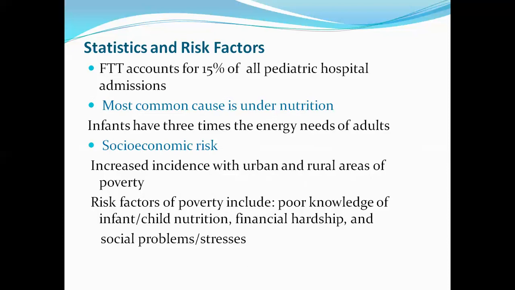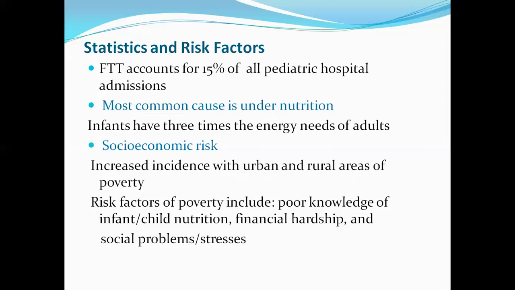Then socioeconomic risk. Babies are basically dependent on the parents and the caregiver for their nutrition. So the incidence of undernutrition is more in urban and rural areas with poverty. When food is scarce in the family, the youngest of the family is going to be the victim of less food.